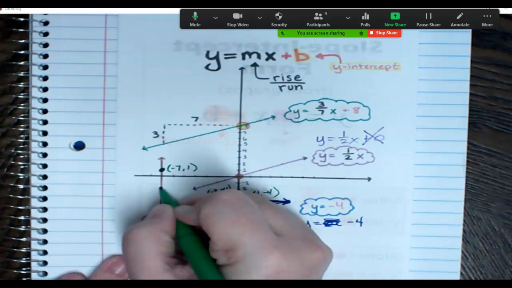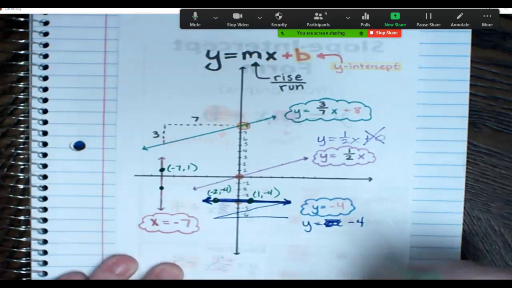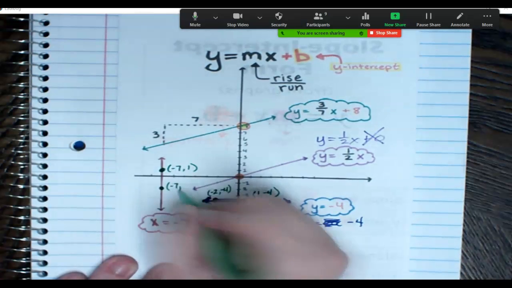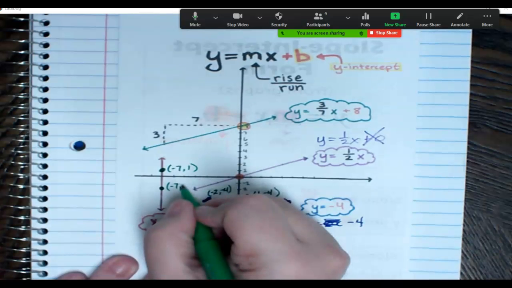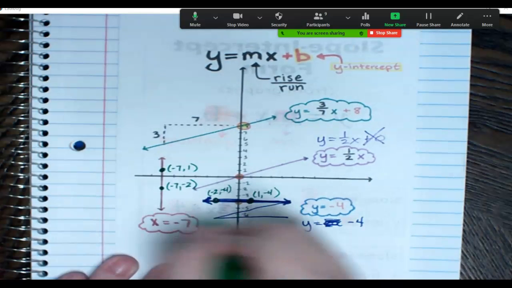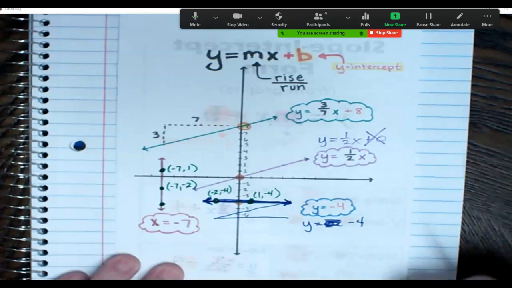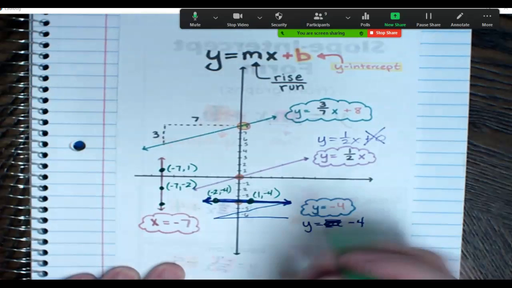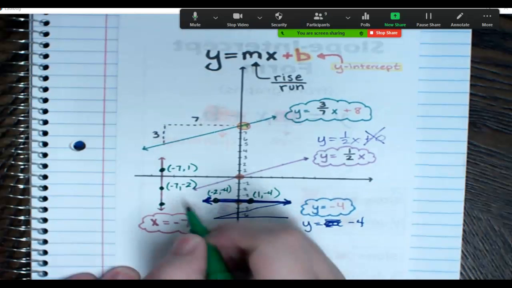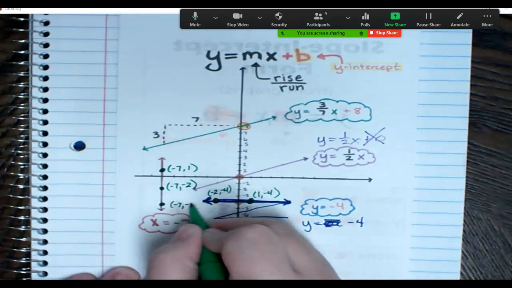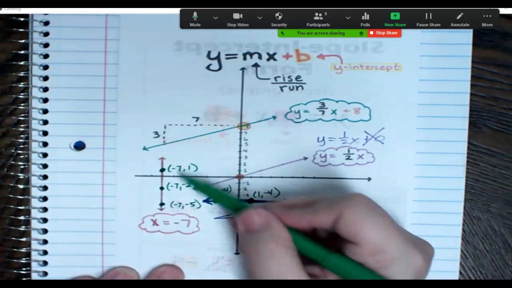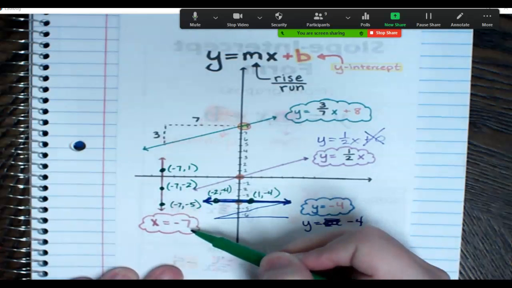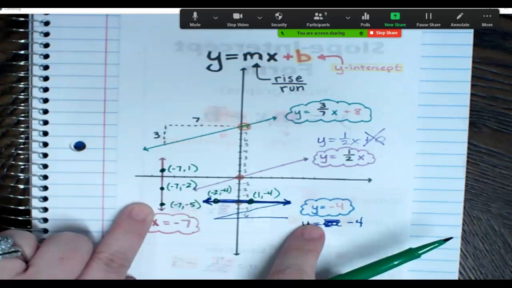What about right here? Over negative 7, down how many? Negative 2. Well, what about if I went right there? What's that going to be? Negative 7, and I'd say about, we're going to estimate negative 5. But do you see how every x value is negative 7? So these two are the special cases.